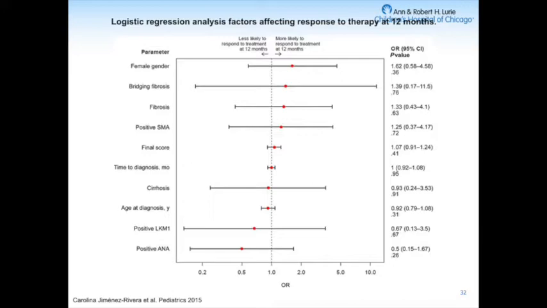So being female, having bridging fibrosis, positive SMA may make you a little bit more likely to respond to treatment. But when we're looking at something that's statistical, you don't want it to cross this number 1. And all of these cross number 1. So you can believe it, but you have to take it with a grain of salt. You can't believe it completely, because there are going to be people who have cirrhosis who respond very well, and there's going to be people who don't have cirrhosis who fail.